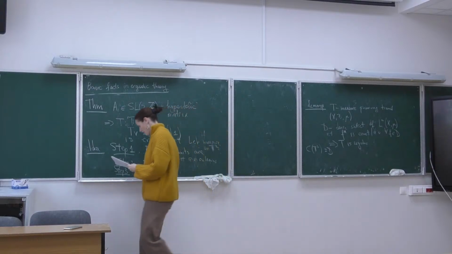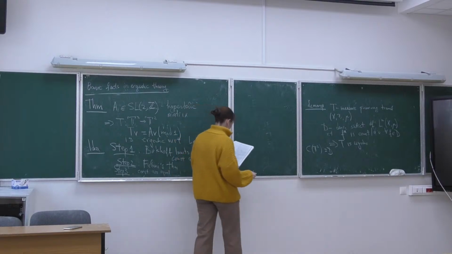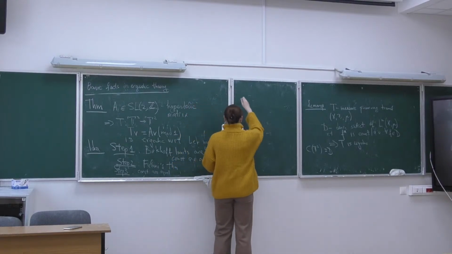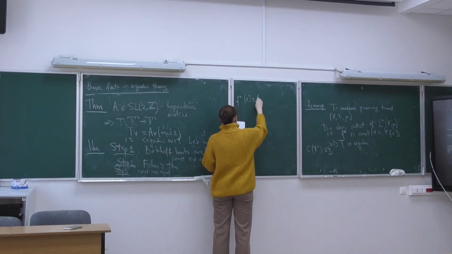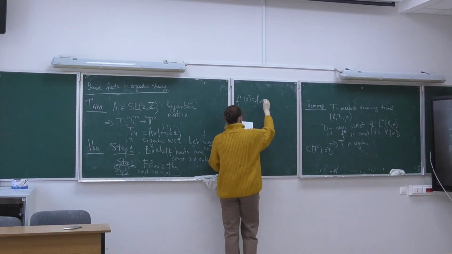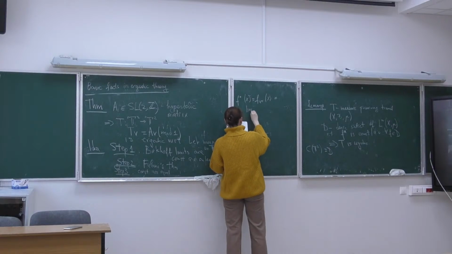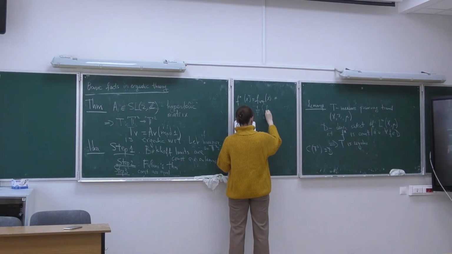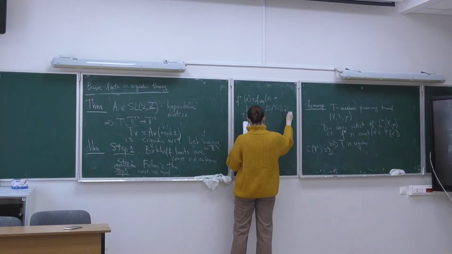So we want to prove that the ergodic average is constant almost everywhere for a function. So I will write this ergodic average: one over T, integral from 0 to T, f of phi t of x dt.